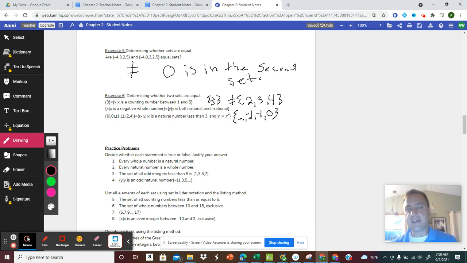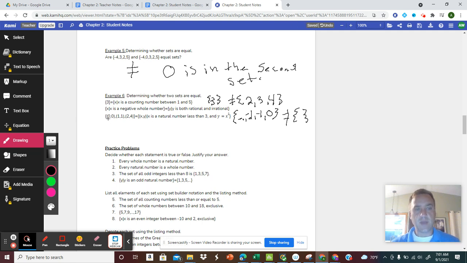And if y is both rational and irrational, well, a number can't be rational and irrational at the same time. It has to be one or the other. So this would just be the empty set. So these two things are not equal.